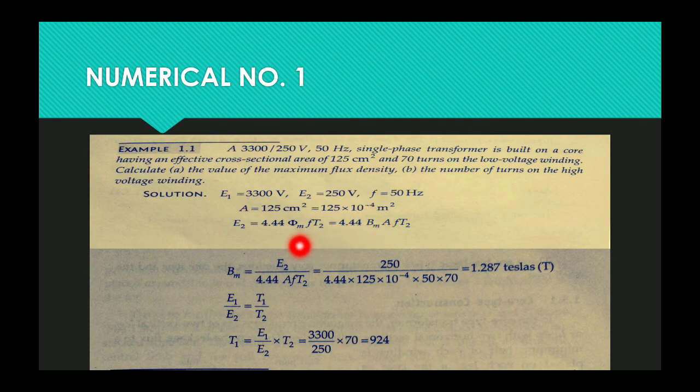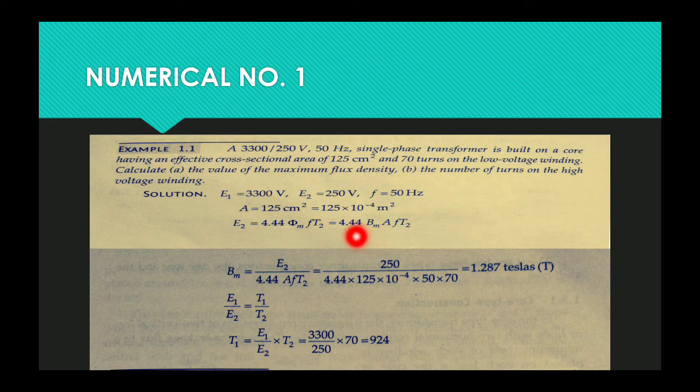We know the secondary induced EMF E2 equals to 4.44 phi m F into T2. So here phi m means the maximum flux. We know that maximum flux equals to flux density and the product of area.